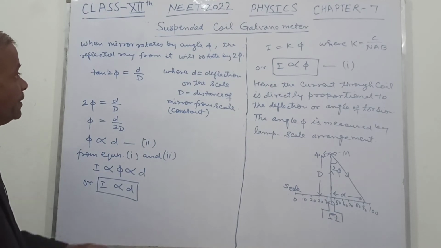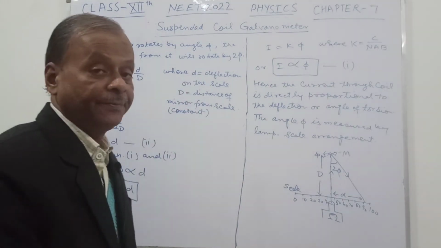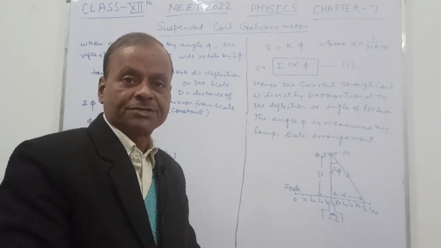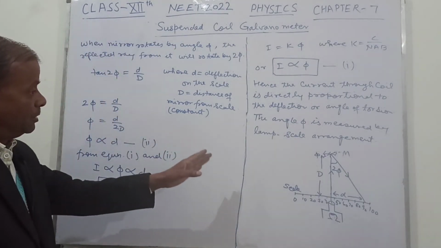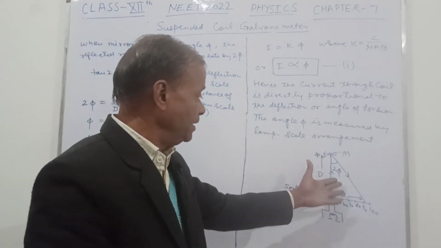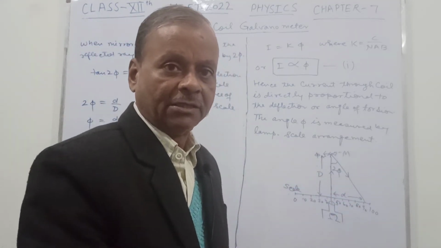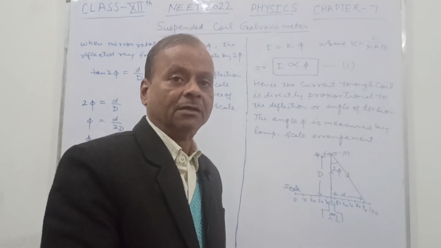But you see from here that this measurement is a very typical one, and it is also time consuming. It requires a great deal of calculation. Moreover, this angle phi is not constant, and its measurement is also not very easy.